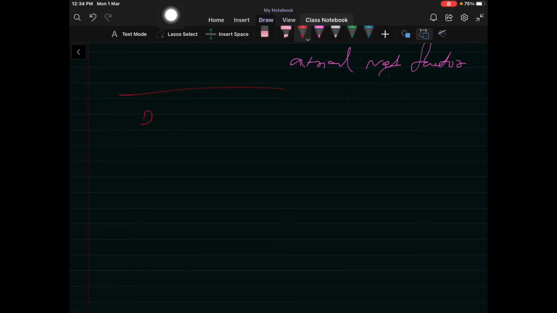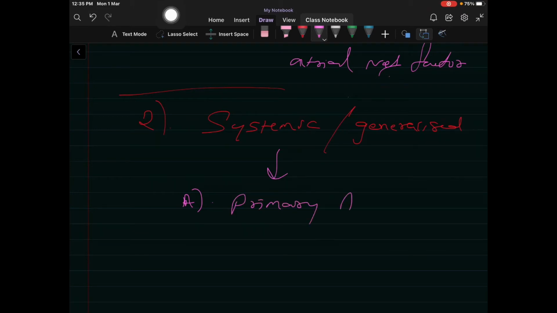Now let us move on to the second, systemic. Systemic is also called generalized. It includes first the primary amyloidosis.